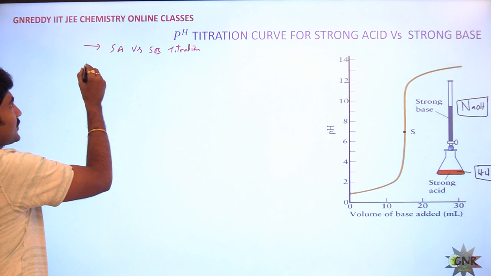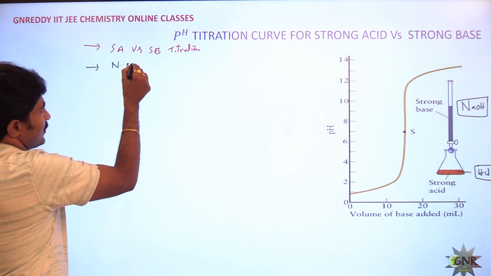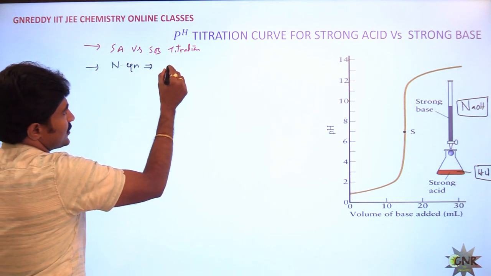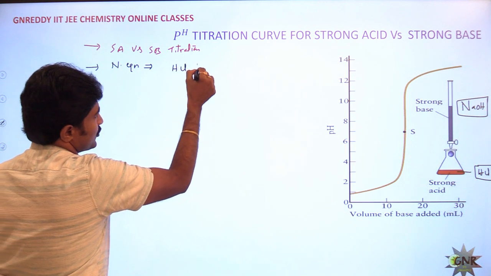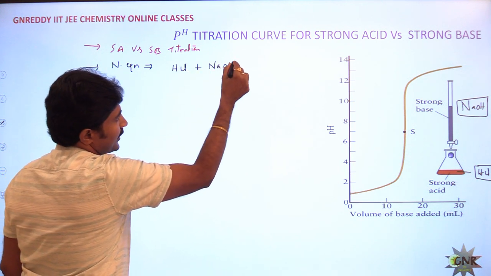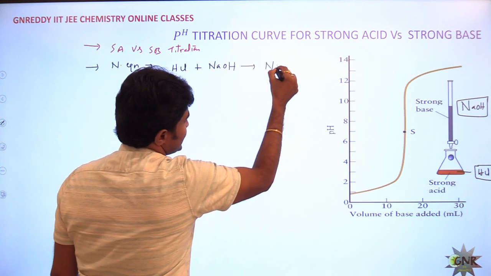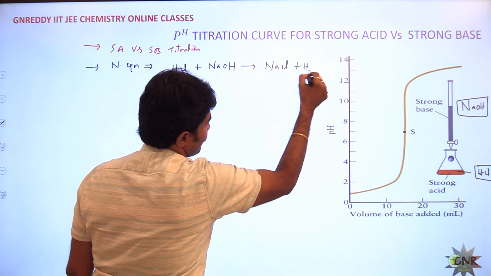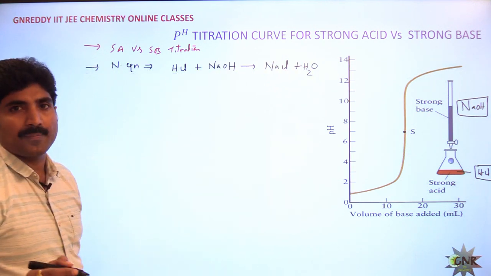Now what is the neutralization equation that takes place? HCl reacts with sodium hydroxide and gives rise to NaCl plus water. This is the neutralization equation.